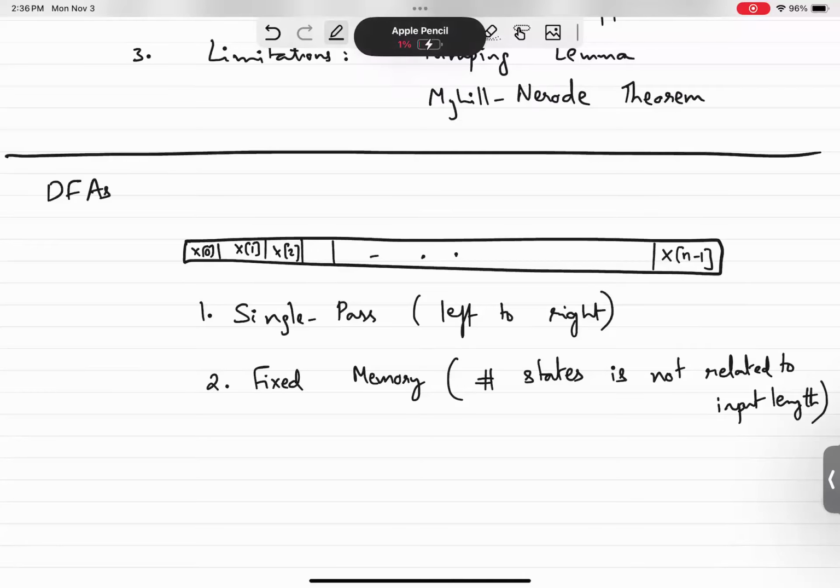Okay, the fixed memory serves two purposes. One, it makes the description length of the machine finite. It's not just that I'm limiting the number of bits that you allow. The reason we really do it is because the number of states has to be limited if I have to describe the machine without looking at the input. Okay.